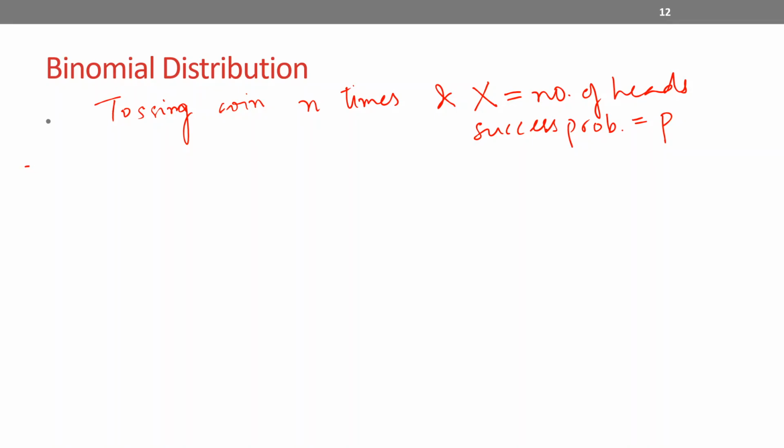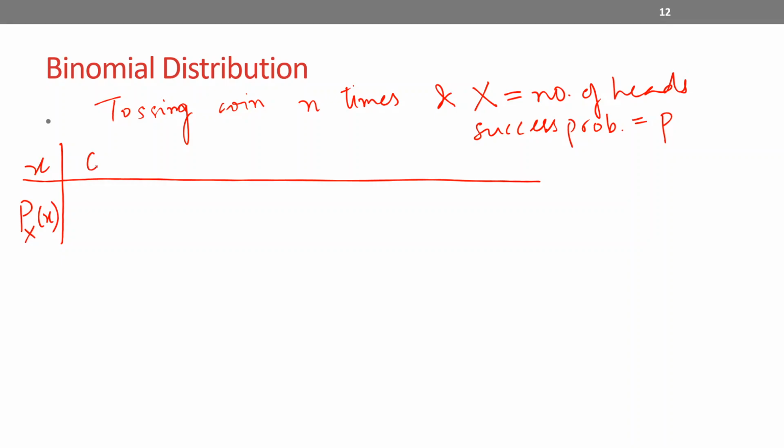Let me write down the PMF for this experiment, right? So p of x: I can get 0 heads, I can get 1, 2, and so on, maybe k, and up to n, because we are going to write a generalized expression for this particular random variable.